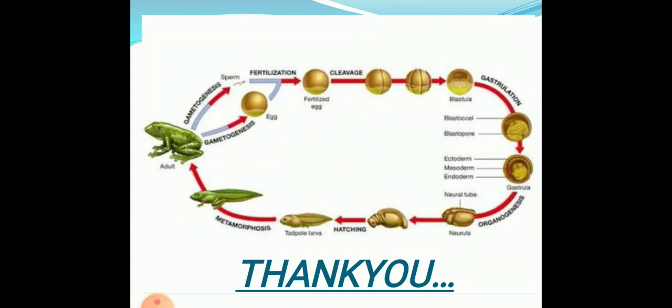From the morula there is a hollow ball of cells, a structure called blastula. In the blastula we see the blastocoel. After the blastula, a three germ layered structure will be developed, that is called gastrulation.